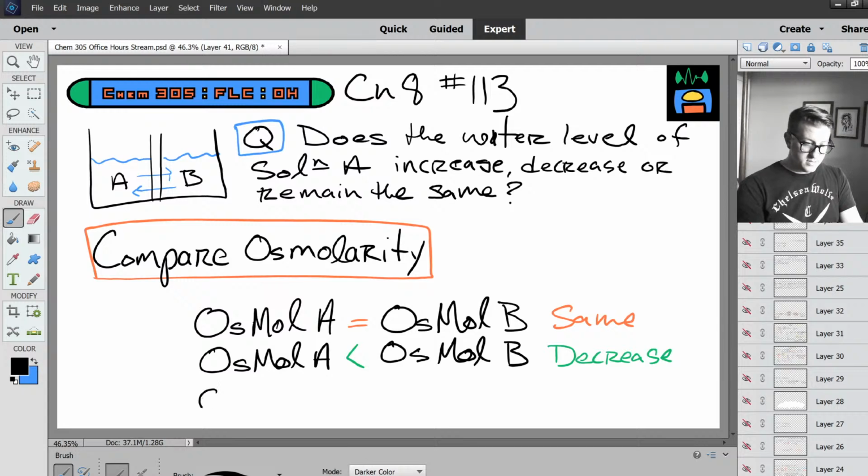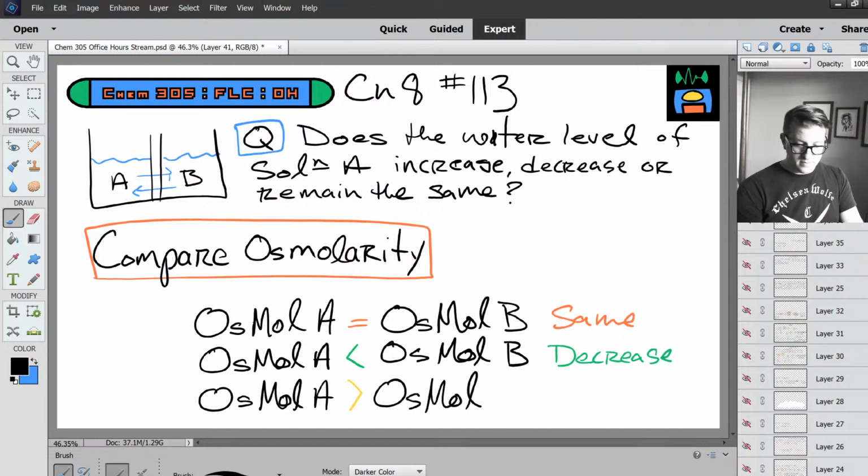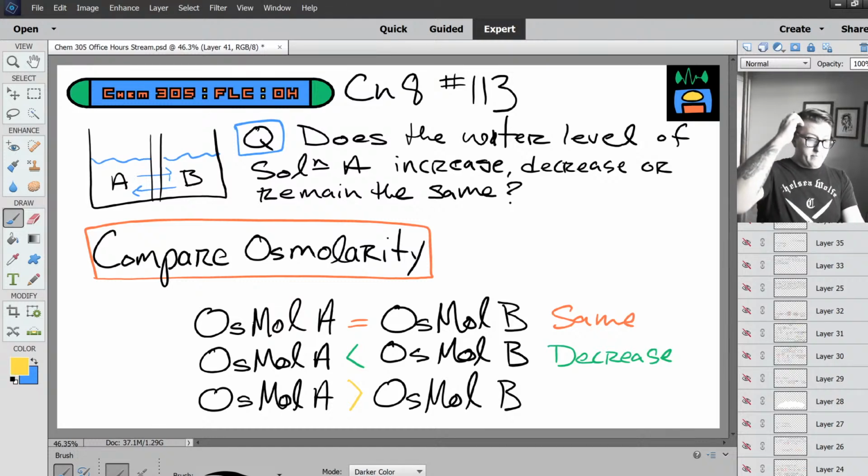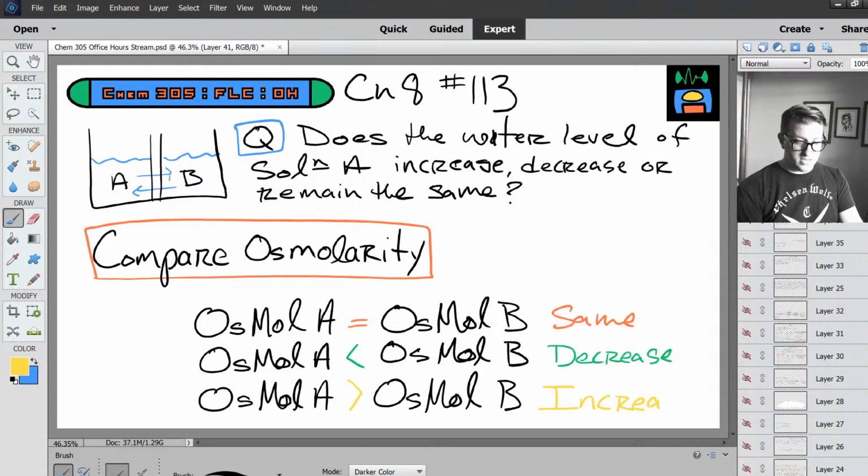Finally, if the osmolarity of A is greater than the osmolarity of B, that means B is more dilute, water will flow from B to A, and the water level on side A will increase.